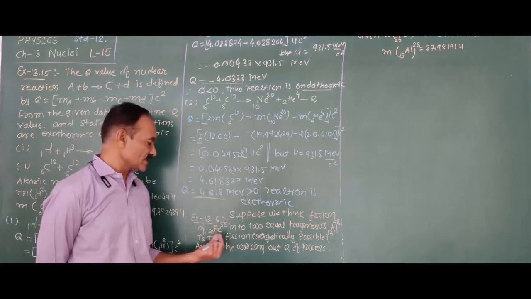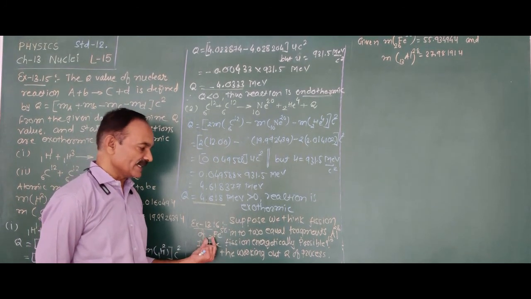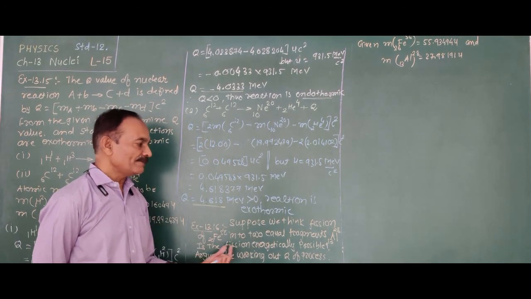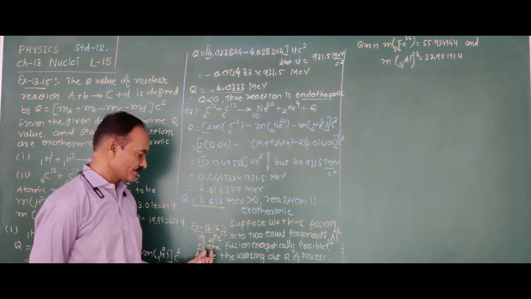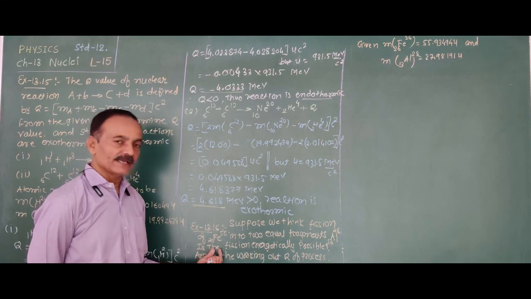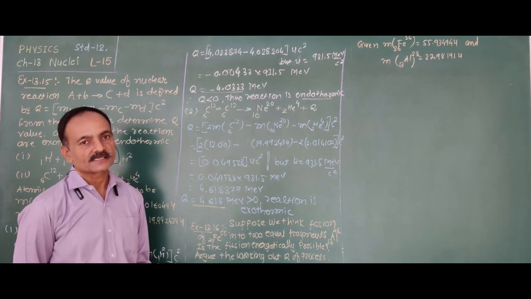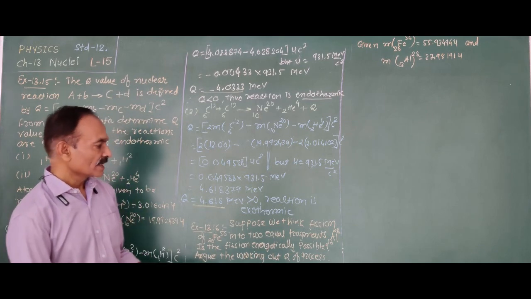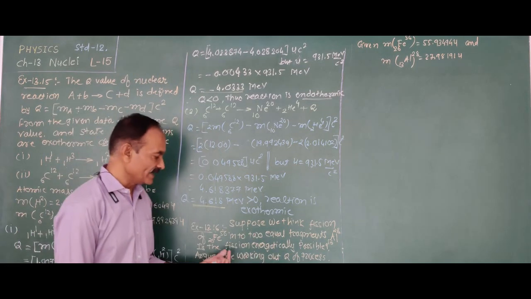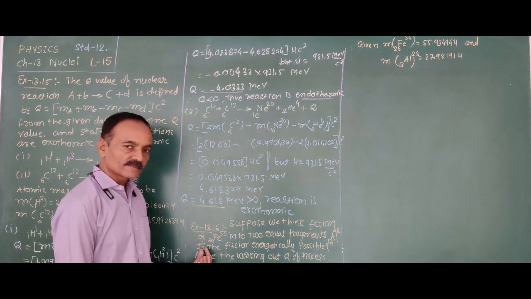Suppose we think the fission of the Fe 26 56, that means the iron, into two equal fragments of aluminum 13 28.